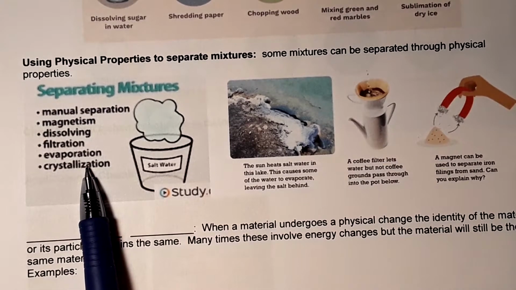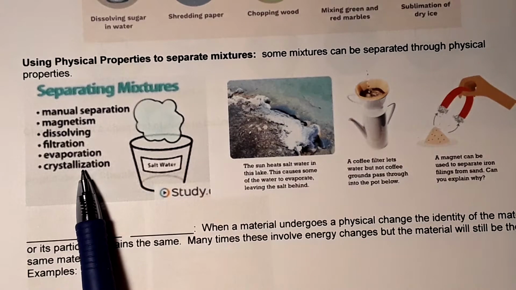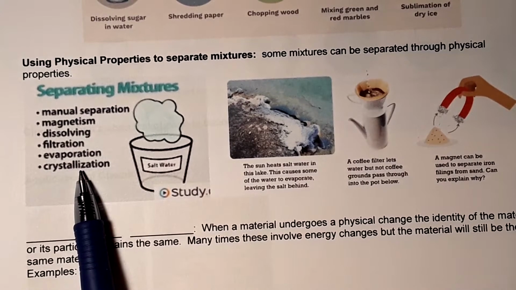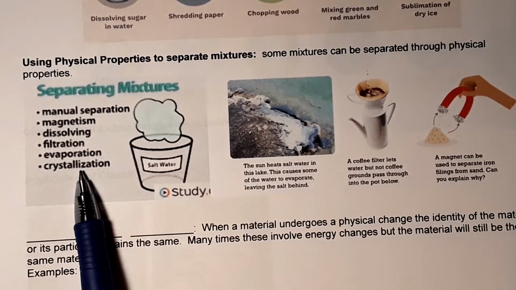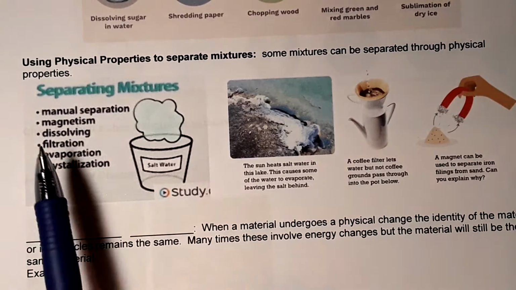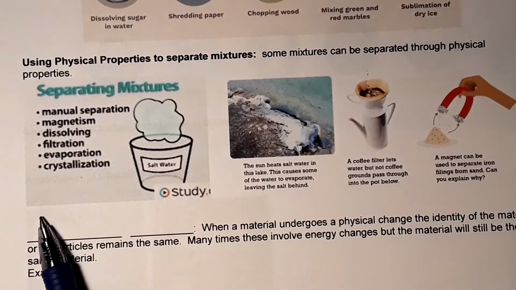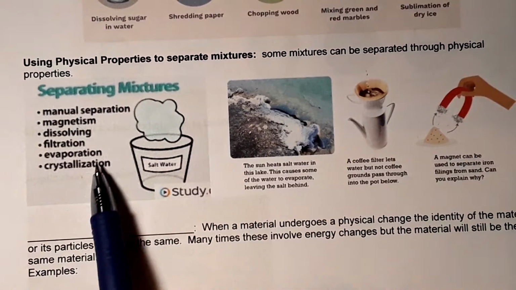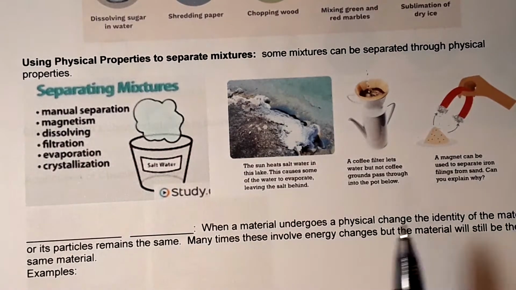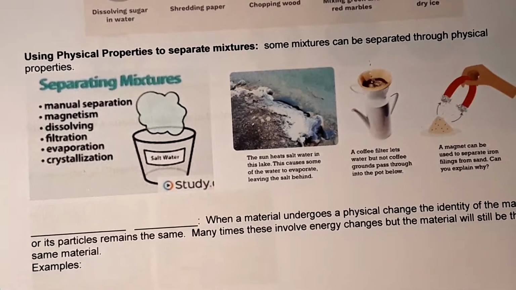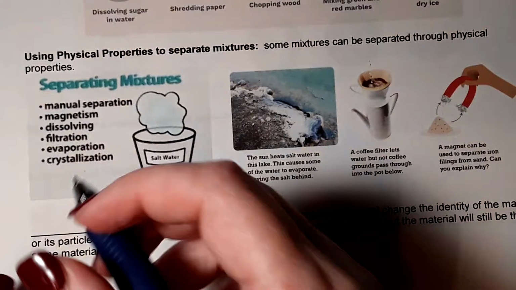Now, if you've ever made rock candy before, you know you use a thick sugar syrup, and you put a string in it, and you let the water evaporate out, and the sugar crystallizes on the string, and you get sugar crystals, and that's rock candy. Okay, so there's a number of ways we can use physical properties to separate mixtures, and here they are right here, so make sure you're aware of those. Now, physical change.